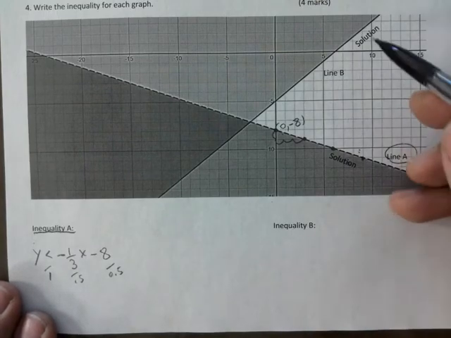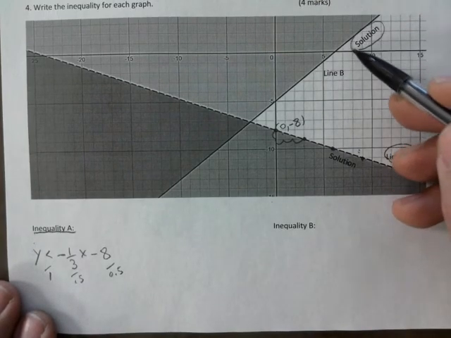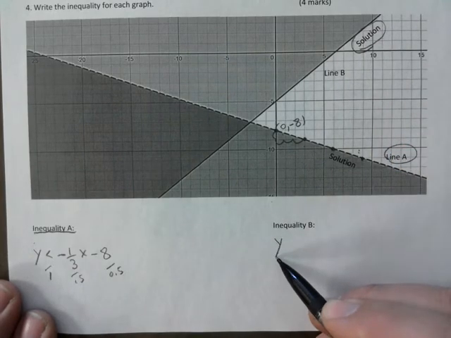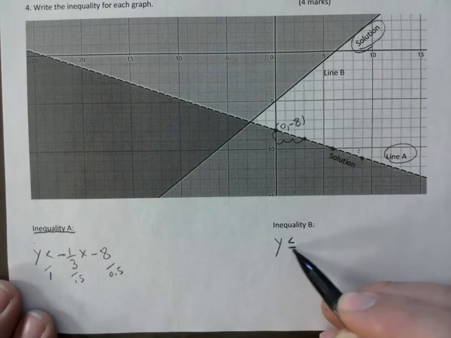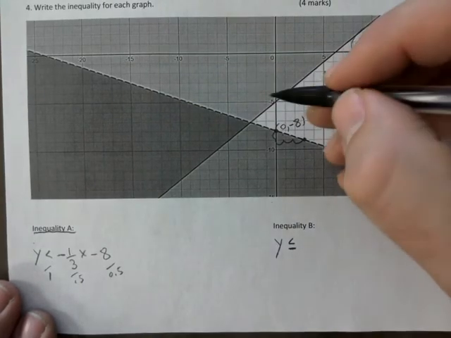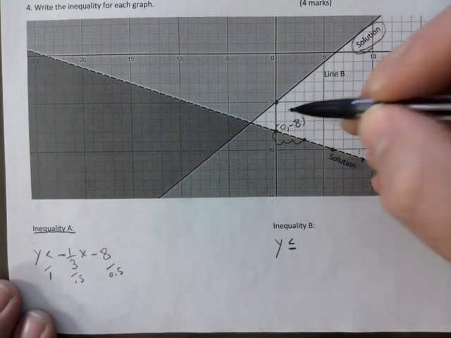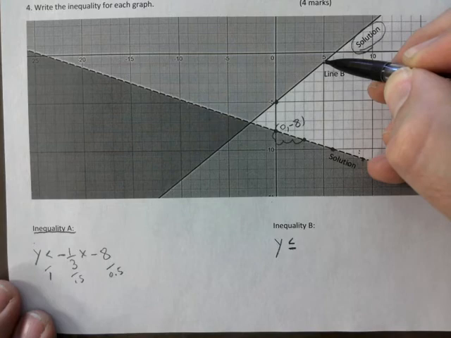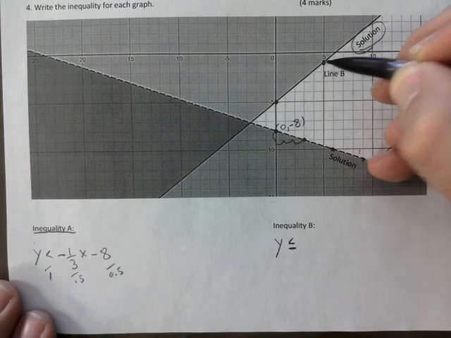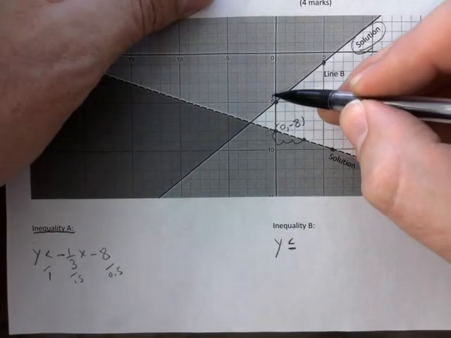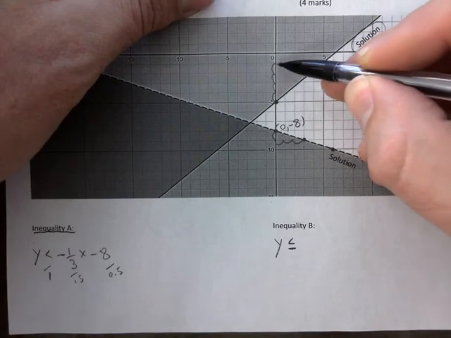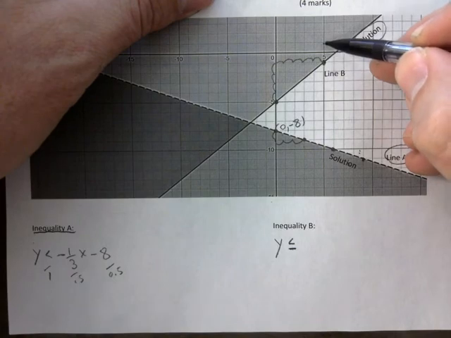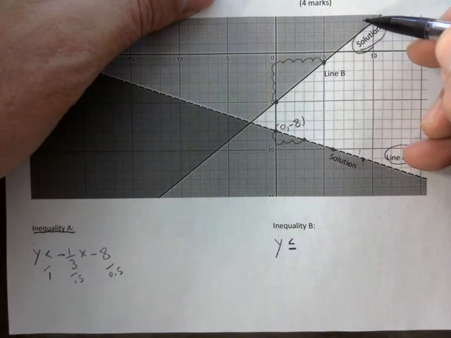And then inequality B, focus on the solution. Solution is below the line and it's solid. So it'd be y is less than or equal to, and then we know that it's at negative 5 here, and I scan. Does it happen here? I think so. 1, 2, 3, 4. 1, 2, 3, 4, 5. Let's see if I can repeat that. 1, 2, 3, 4. 2, 4, 5.